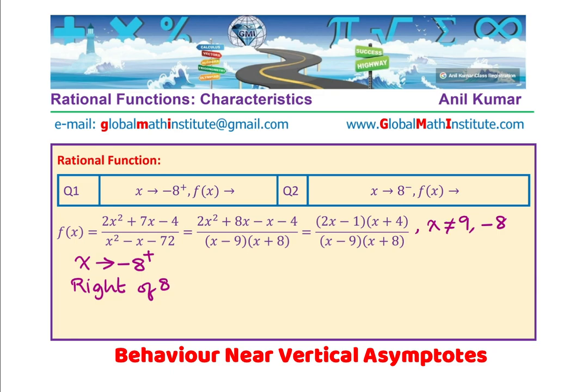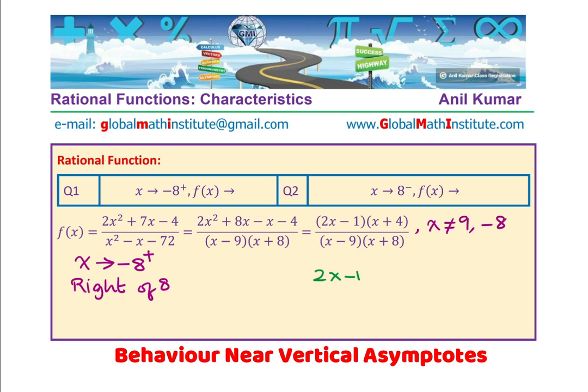So we have to analyze this function. Let me rewrite this function in a different ink. So we are analyzing what happens to 2x minus 1, this factor. And the test point for us is minus 8, on the positive side, that means minus 7, right?